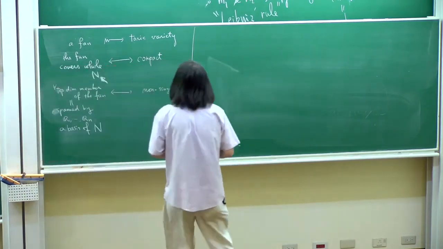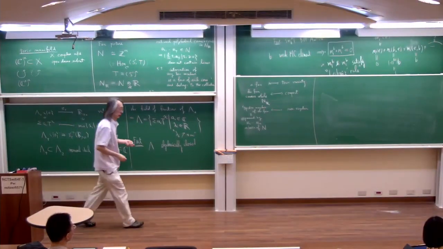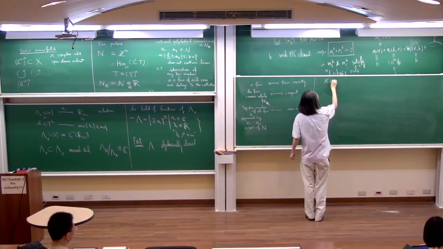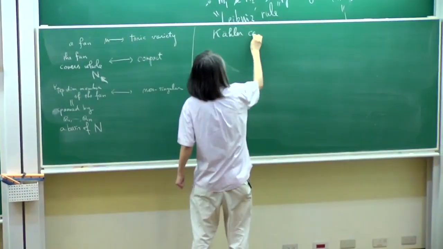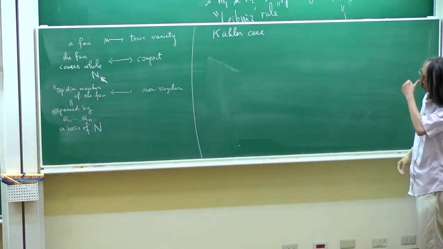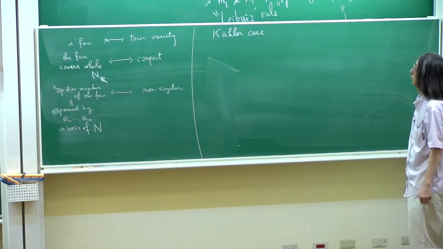And toric manifolds, even in the manifold case, may not be Kähler. But if it is Kähler, then we have another description by a convex polytope.